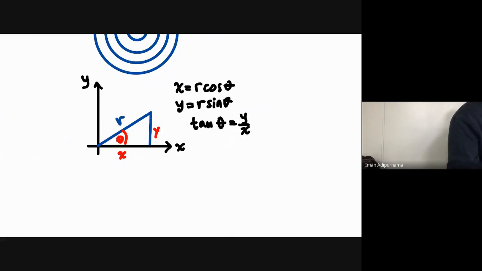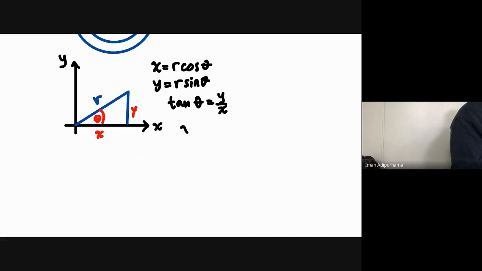You can also find the relations: x squared plus y squared is r squared, from the Pythagorean theorem. And if you remember, this is also the circle. So if you are moving around here, it will be the circle with these relations, right?